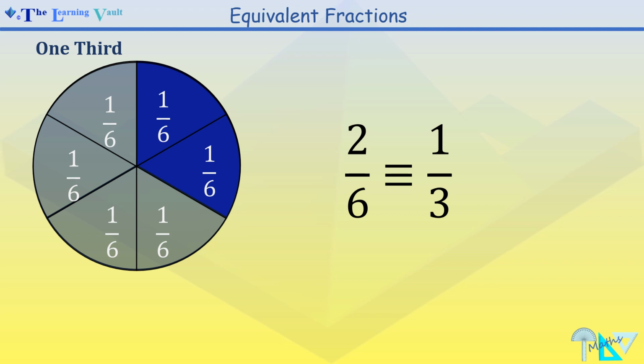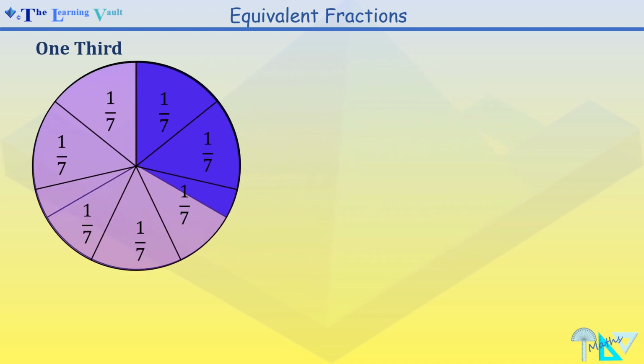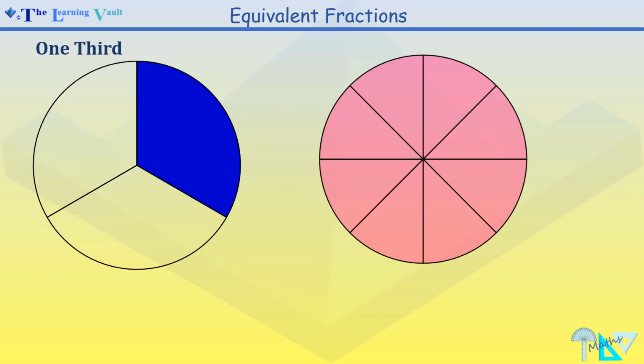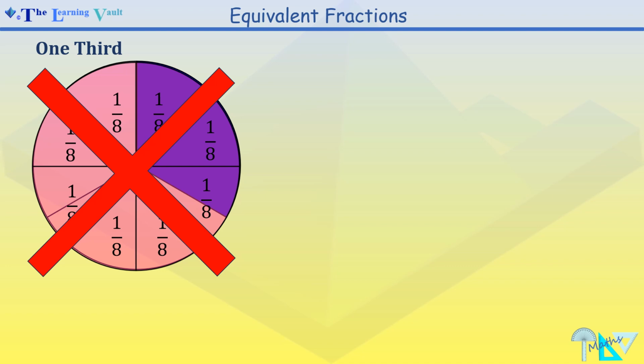So 2 over 6 is equivalent to 1/3. We tried with our circle divided into 7 parts, and nope, no equivalent fractions here. Next, we tried with our circle divided into 8 equal parts, and no equivalent fractions here.